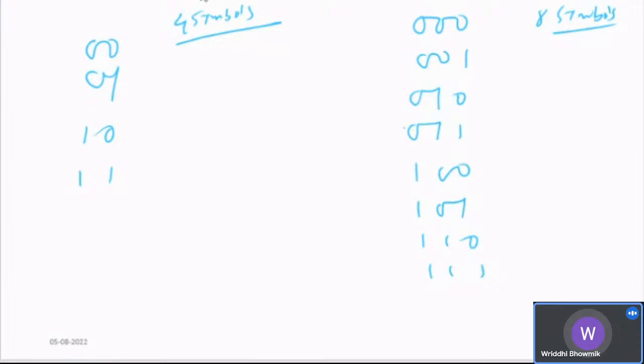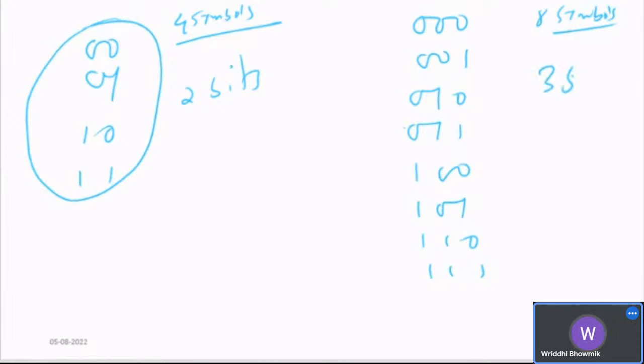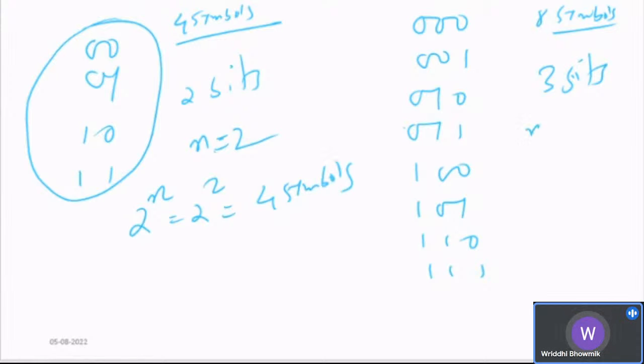For 4 symbols, how many bits are you using? 2 bits. For 8 symbols? 3 bits. So here small n is equal to 2, and with 2 bits you can represent 2 to the power n, that is 2 squared, 4 symbols or 4 binary numbers. And when small n is equal to 3, 2 to the power n is 2 cubed, that is 8 symbols or 8 binary sequences you can represent.